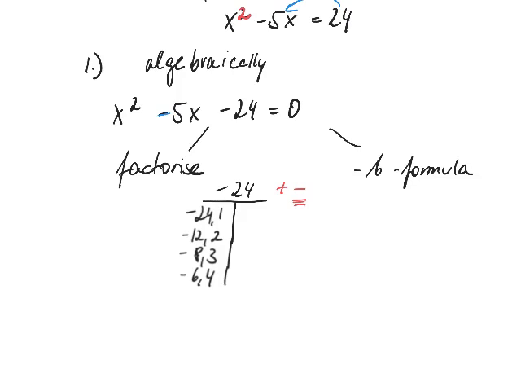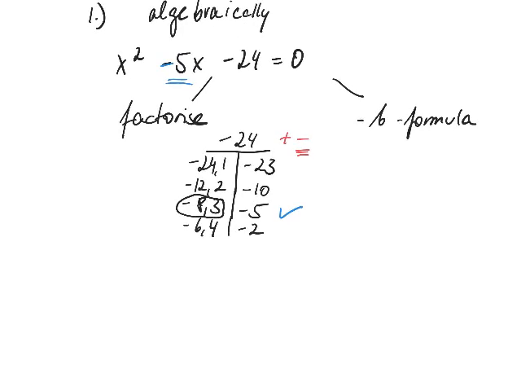Minus 24 plus 1 gives me minus 23. Minus 12 plus 2 gives me minus 10. Minus 8 plus 3 gives me minus 5. And minus 6 plus 4 gives me minus 2. And the number I'm looking for is the minus 5, as in up here. That means these are the two numbers that I am looking for.